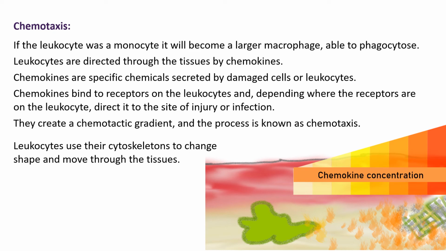And as they move through the tissues, just like they did to move through the gaps in the endothelial cells, the leukocytes use their cytoskeletons to change shape and move through the tissues. And this is where we were talking about this increased local metabolism. To do that, they need to use ATP, so therefore they need to synthesize ATP, so therefore they're going to give off heat.